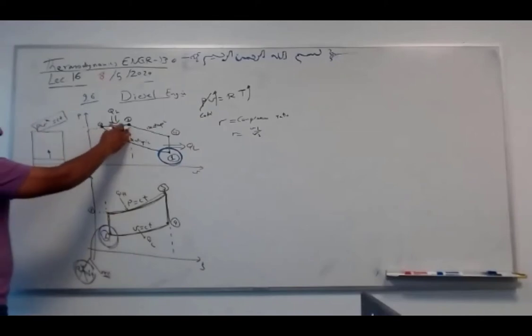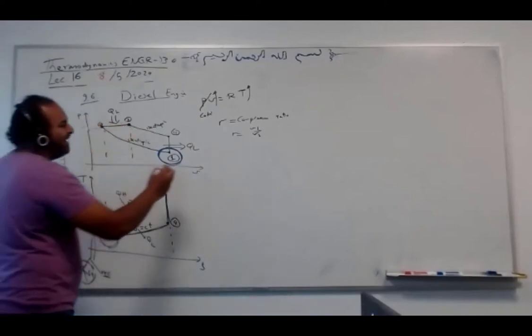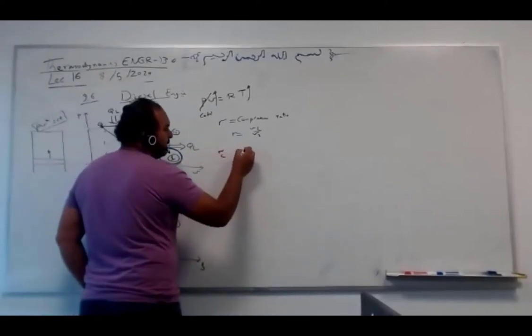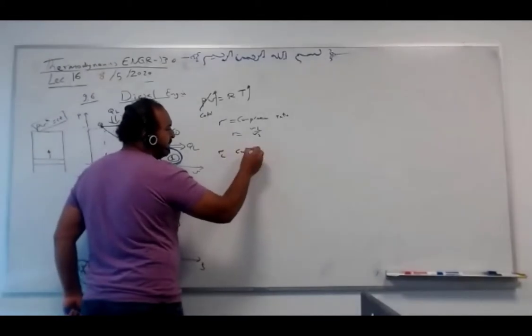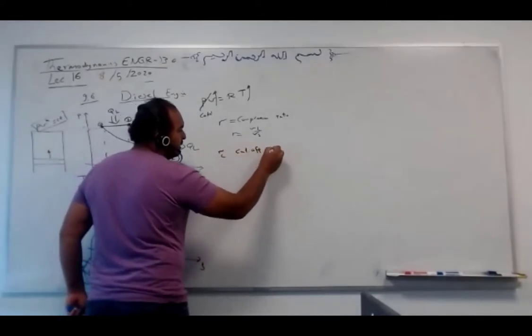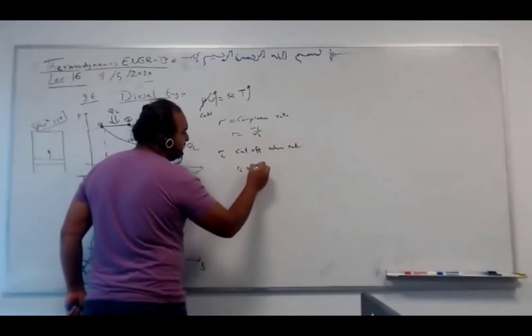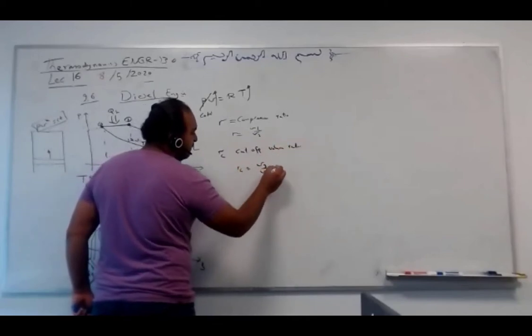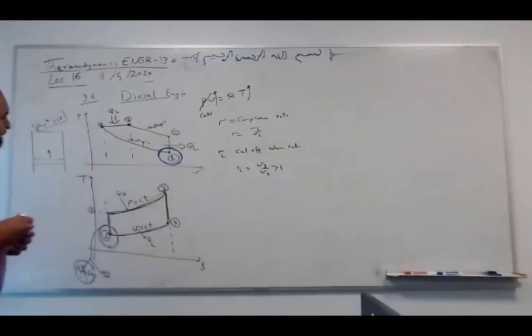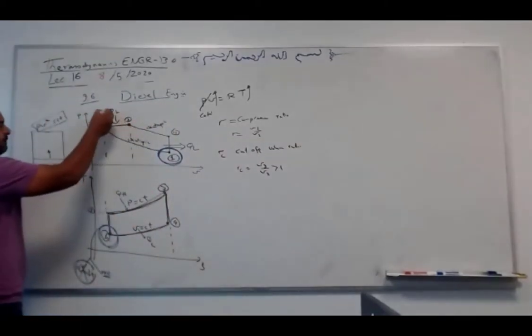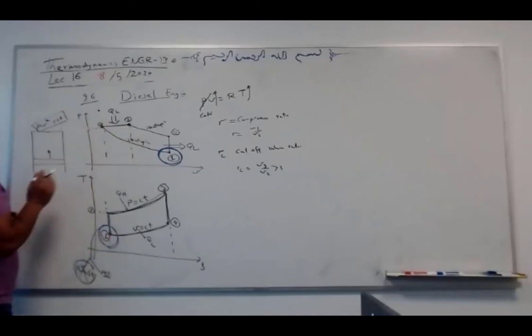There is another volume in between, called V3. We call RC the cutoff volume ratio, which is V3 over V2. It's greater than 1. If RC became 1, this point would become here, meaning the ratio between V3 and V2 equals 1, and it becomes the Otto cycle.